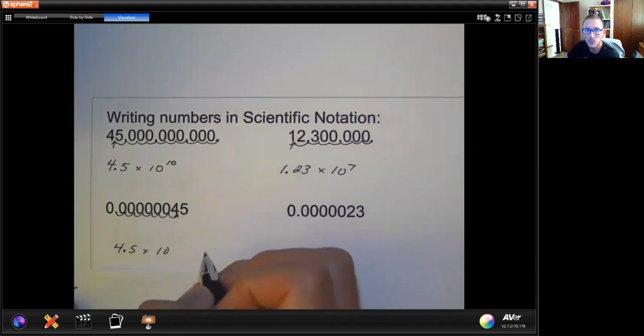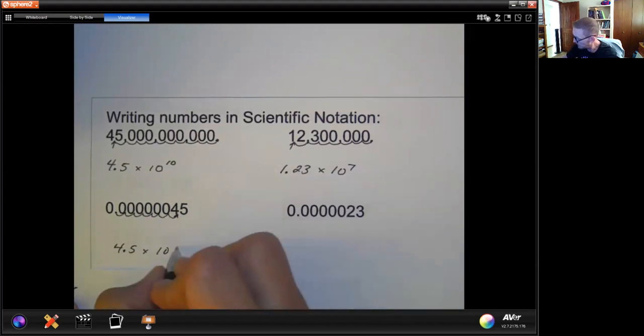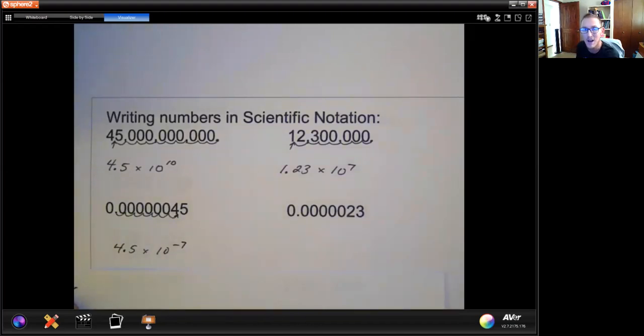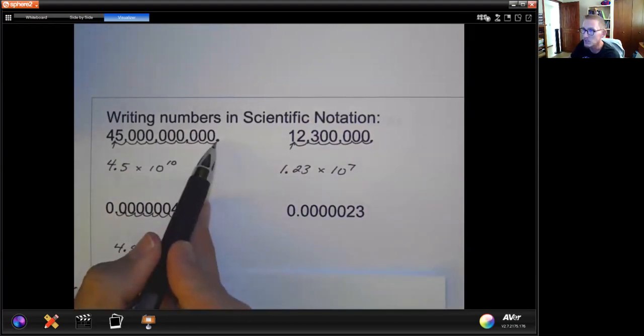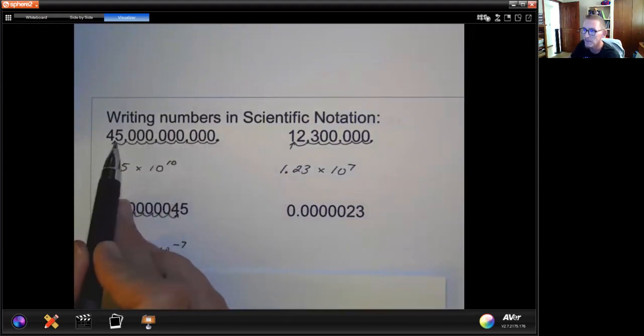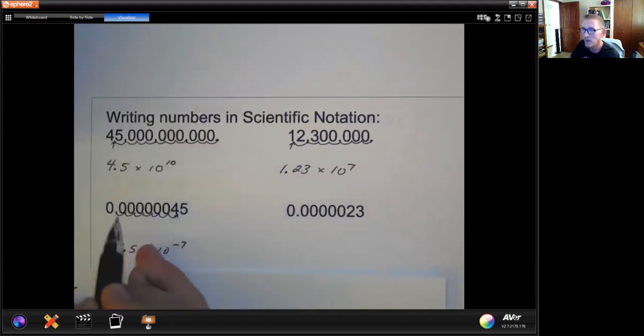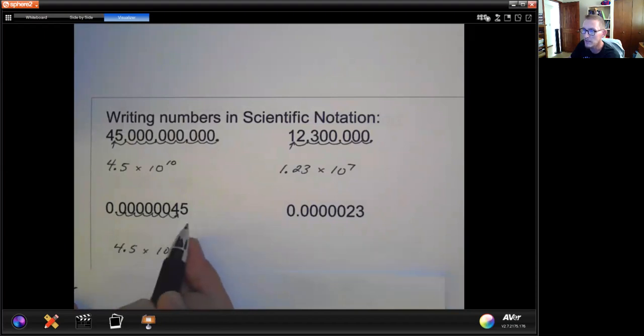Now, because this was a small little decimal, it's going to be a negative exponent because I moved the decimal the other direction. Notice, in the big numbers, the decimal moved to the left. Big numbers, positive exponent. This time I'm moving it backwards to the right.